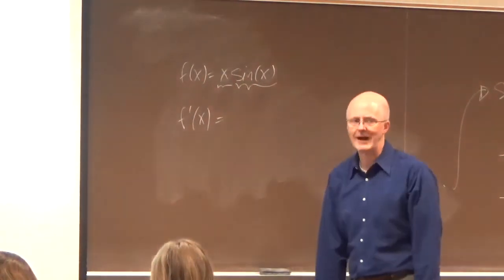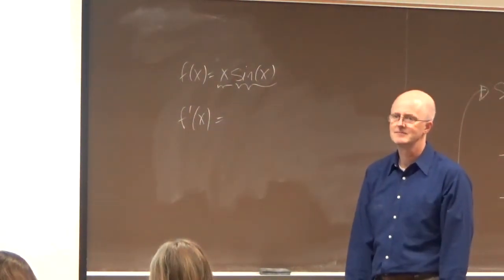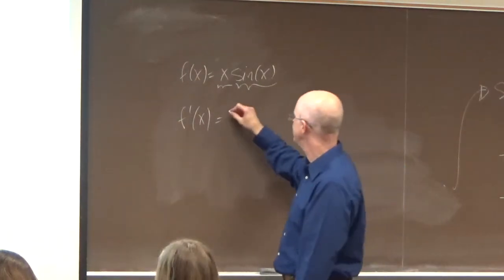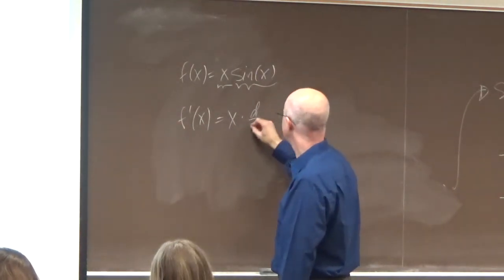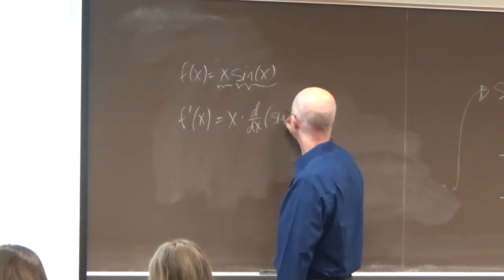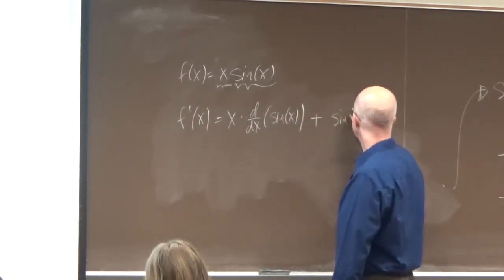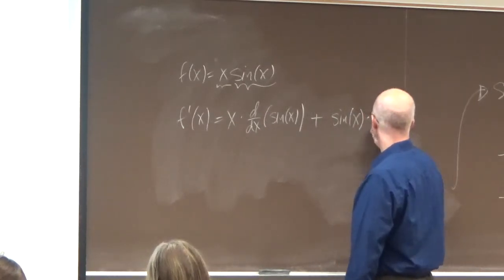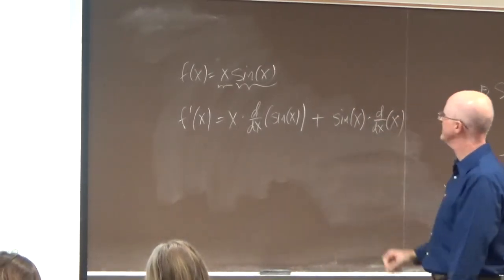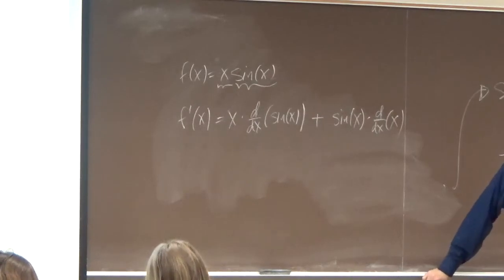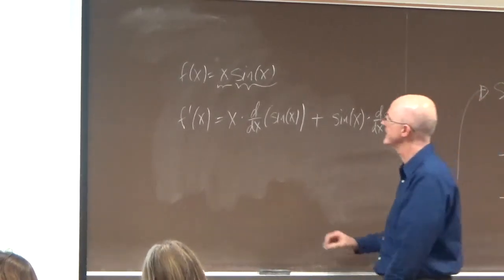Left d right plus right d left. Left d right, use the d dx notation, plus right d left. I'm putting the d dx's in here to emphasize what's going on, though in practice, to get an answer, you don't have to write them in there.